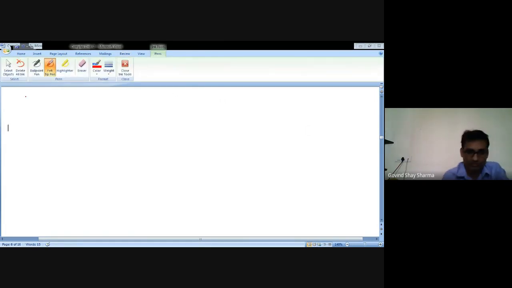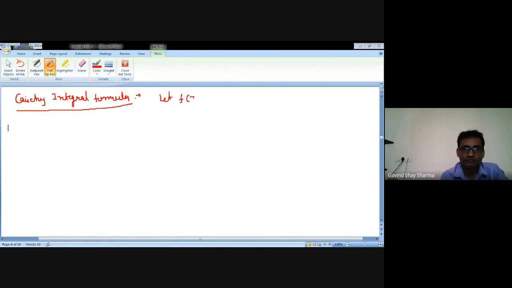What is the Cauchy integral formula? Let f(z) be an analytic function. Analytic function means f(z) satisfies the CR equation, the Cauchy-Riemann equation, and secondly, it is differentiable in its closed region.